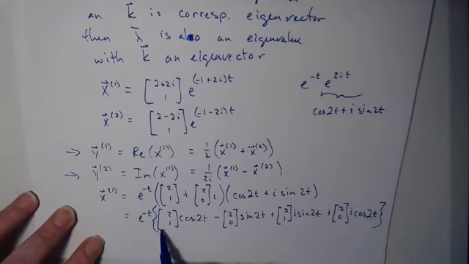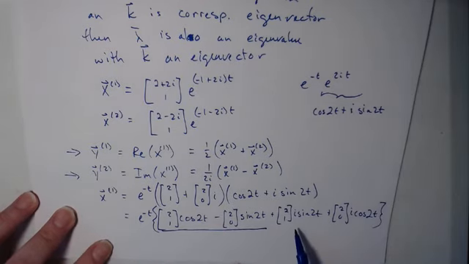So the real part of x1 is this multiplied by e to the minus t, and the imaginary part is this without the i multiplied by the e to the minus t.